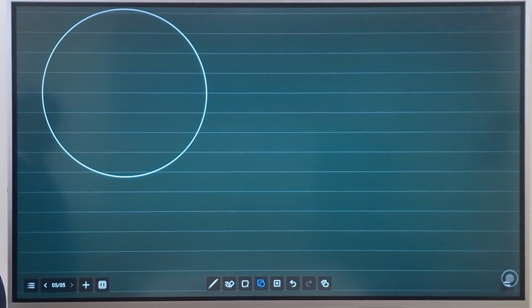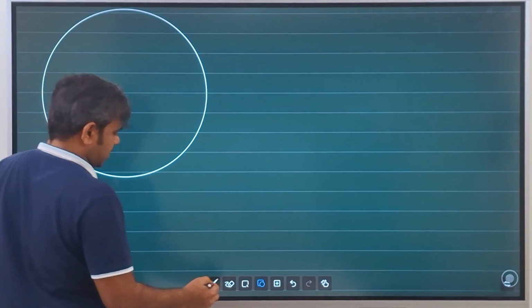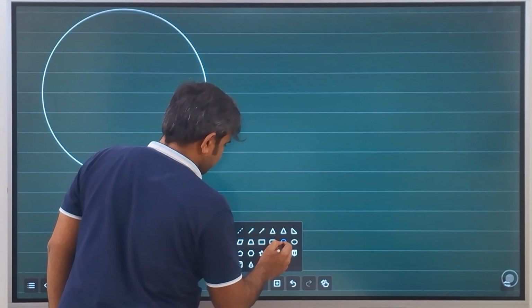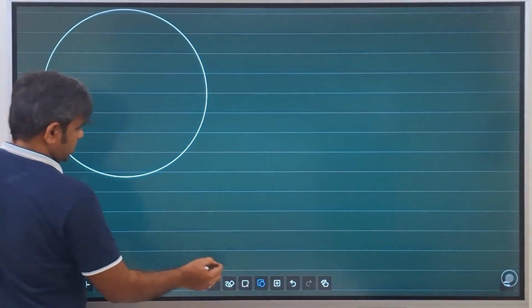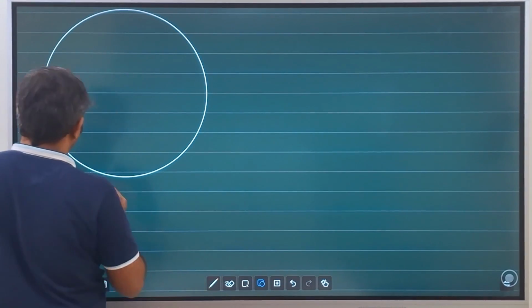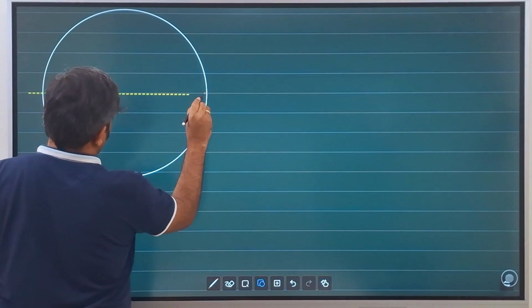To understand this, let's look at a right angled triangle drawn inside a unit circle. First, let's draw x and y axis.